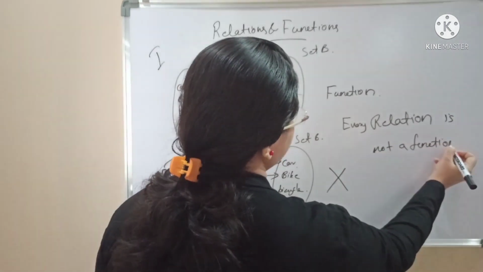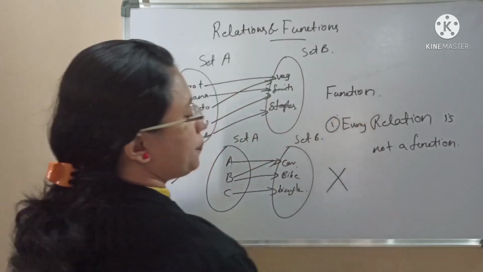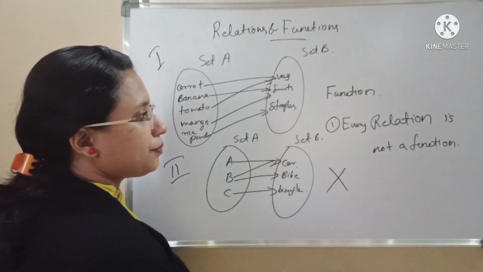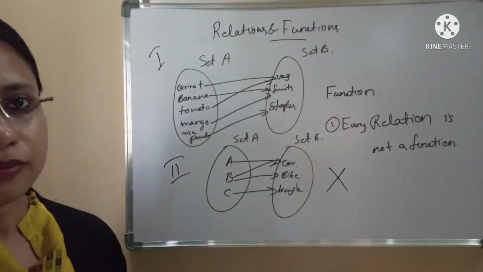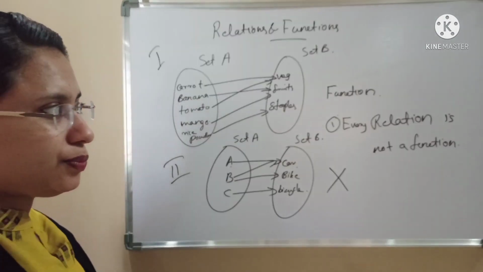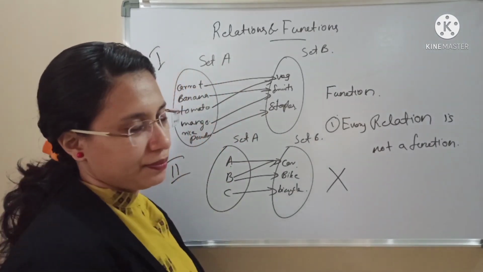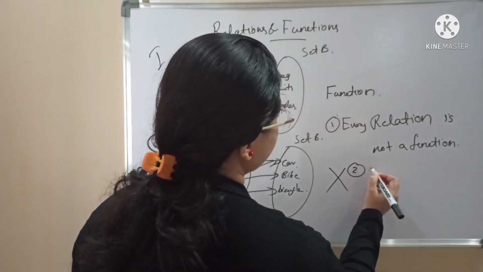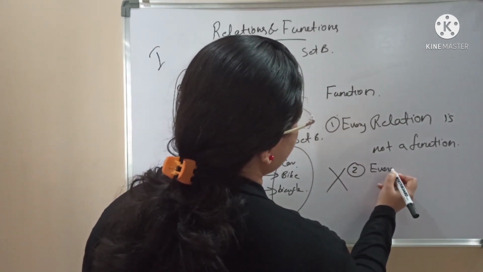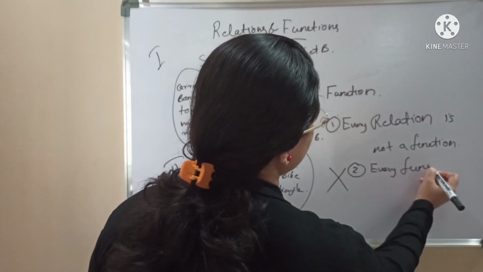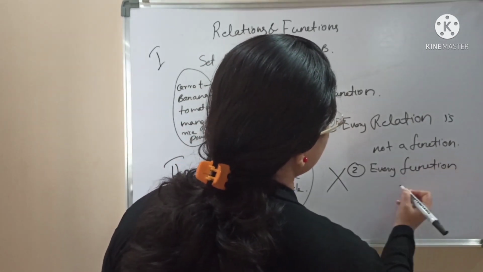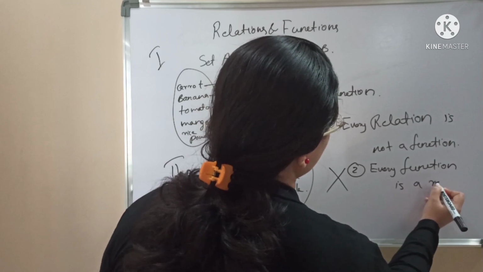This is the first point. Then the second one: every function is a relation.